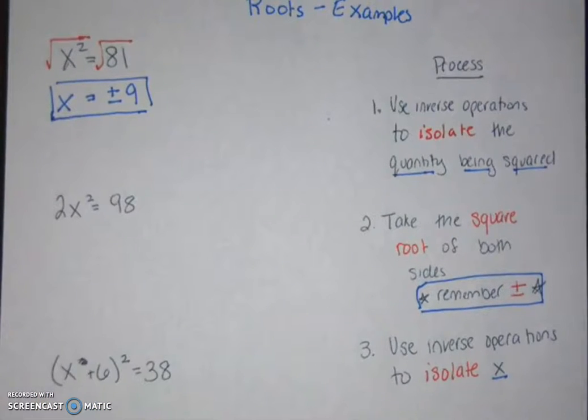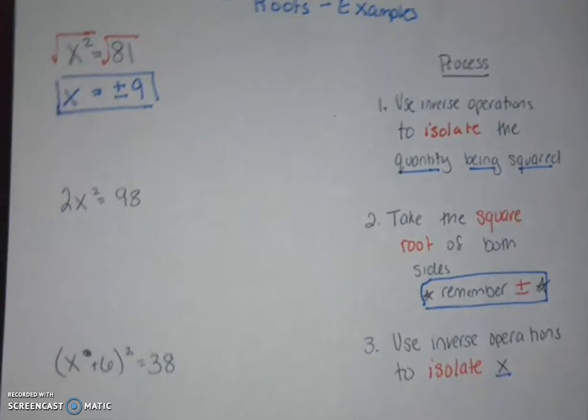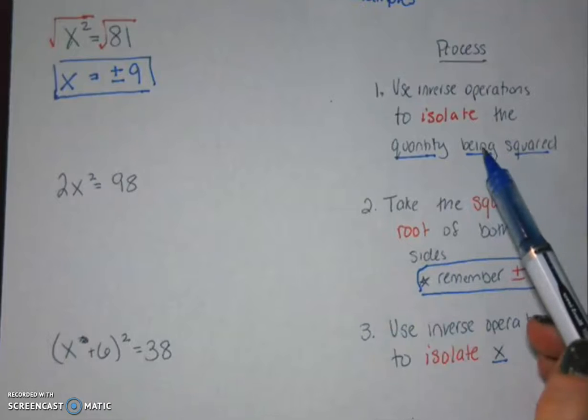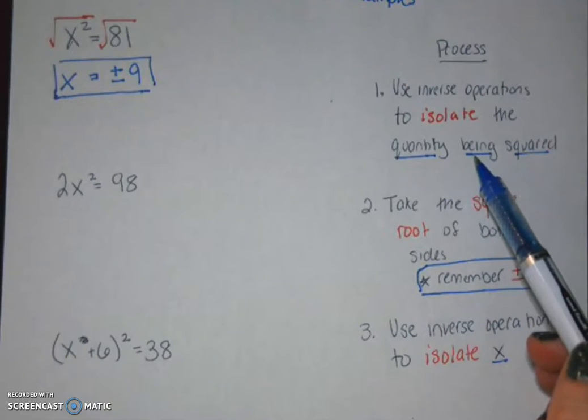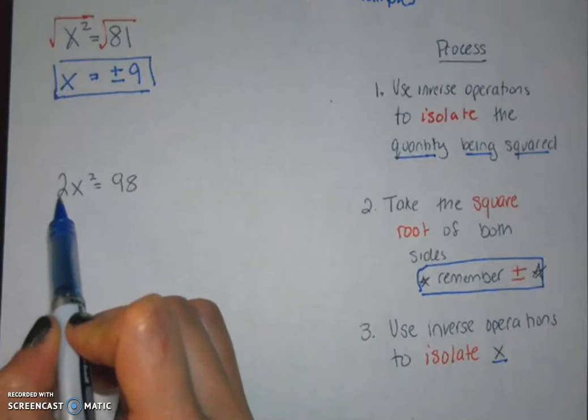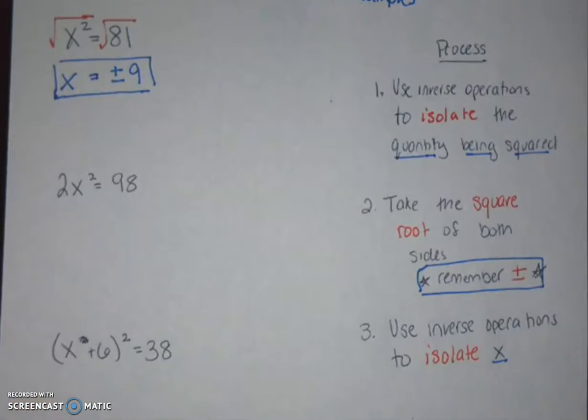So sometimes solving by square roots can be a lot faster than trying to factor, even though this is actually factorable. So for our second one, I've added in a step. We have to use the inverse operations to isolate the quantity being squared, because there is a 2 on the same side as the x squared.